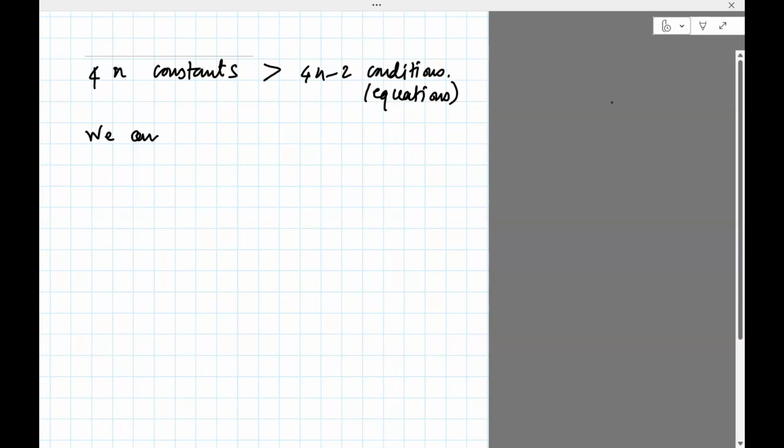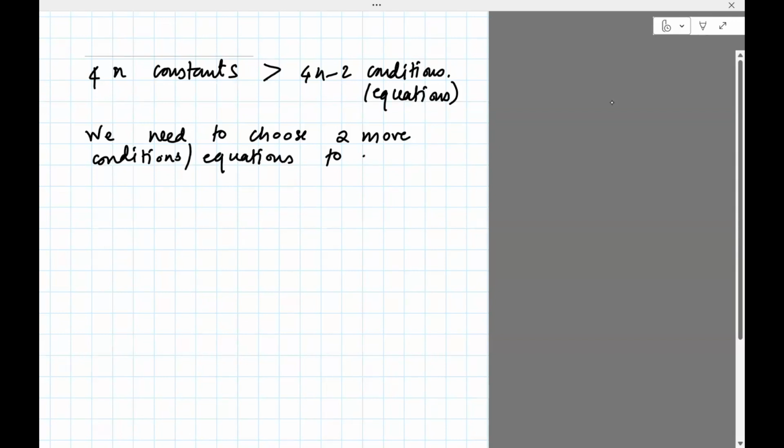We need to choose two more conditions or equations to compute all 4n constants.